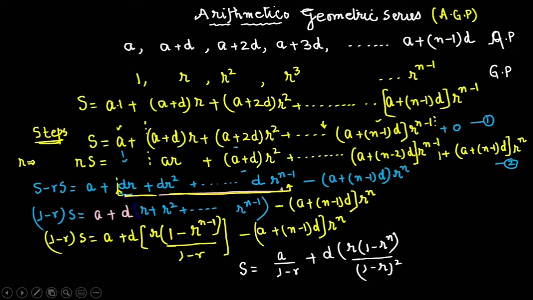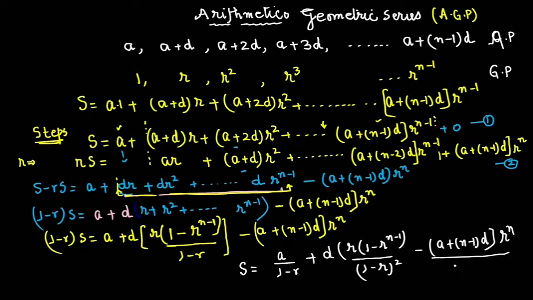Write n minus 1 because this is n minus 1, minus a plus (n minus 1) into d, r to the power n, divided by 1 minus r. These are the steps you have to always use for finding the AGP.